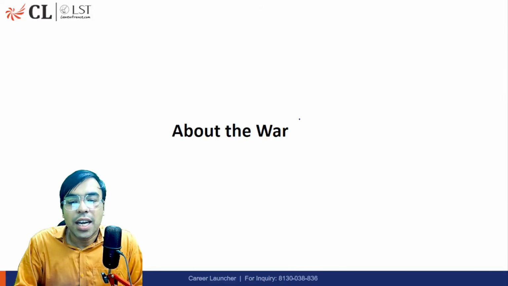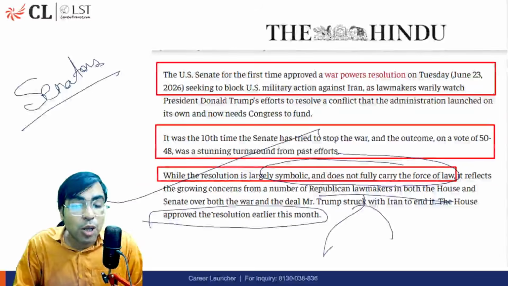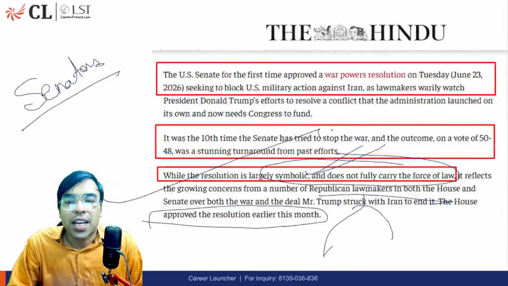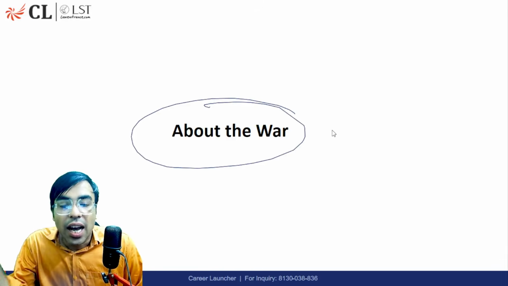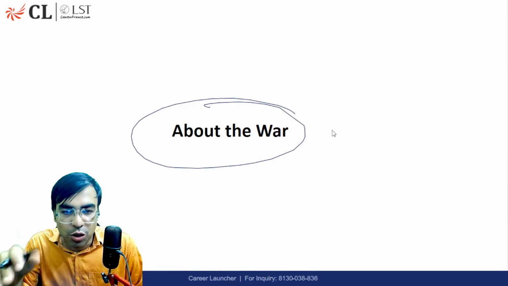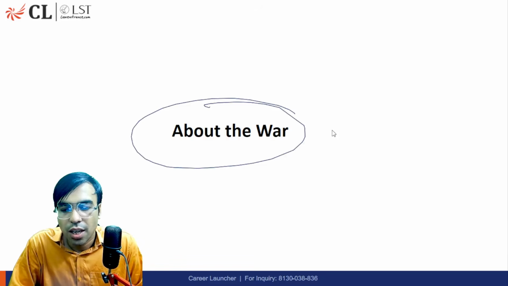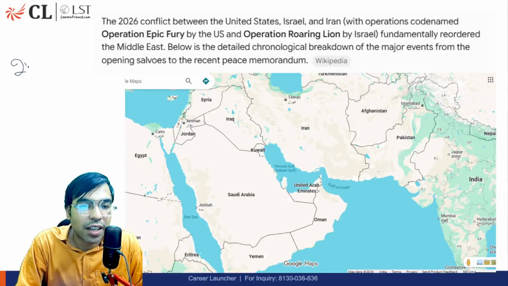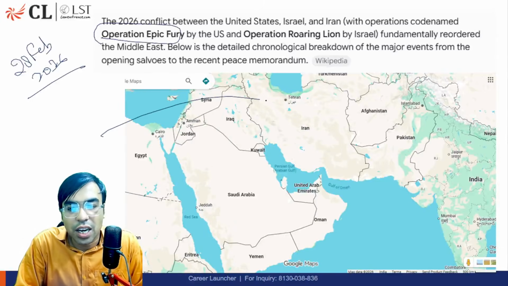Now let us talk about the war. Some of the Democrats were also opposing this war. We will discuss it, but let's go back to the war first. We will discuss the history of the war, and then come back to this news of the War Powers Resolution. So let us start. On 28th February 2026, suddenly America, under Operation Epic Fury, launched an attack on Iran.